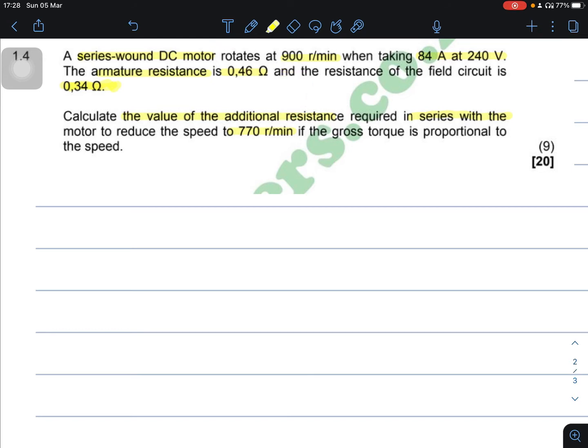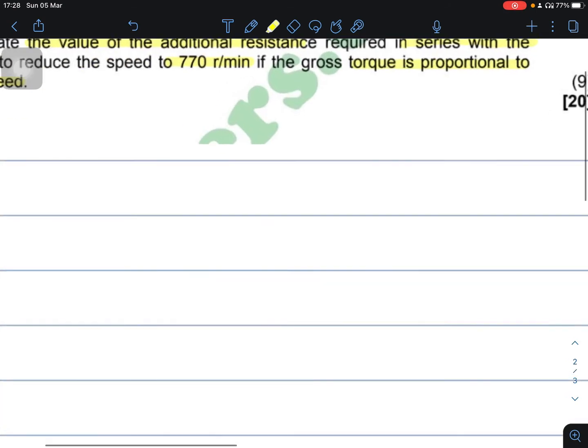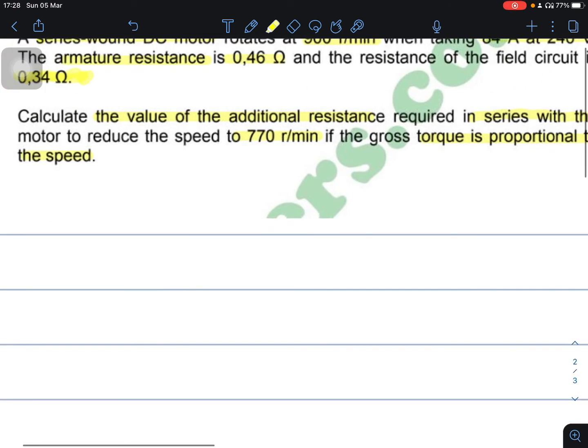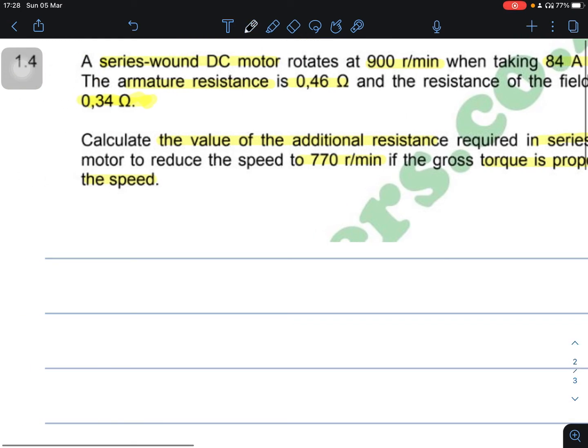Then they say the gross torque is proportional to the speed, which is also important information. Meaning since the two are proportional, torque and speed, if the speed dropped, the torque also dropped. So the first thing we do is write down our givens.